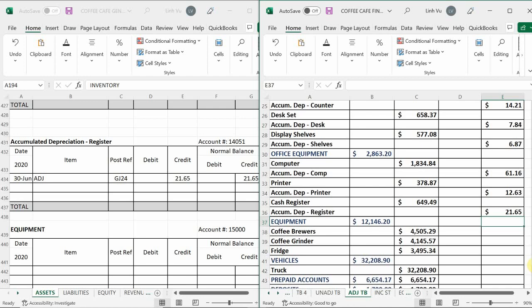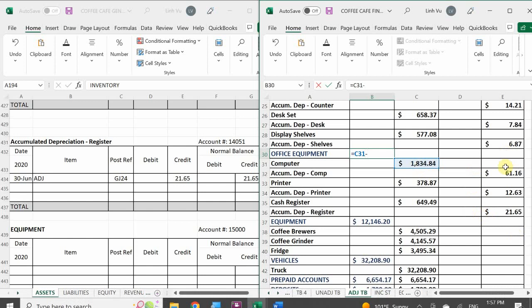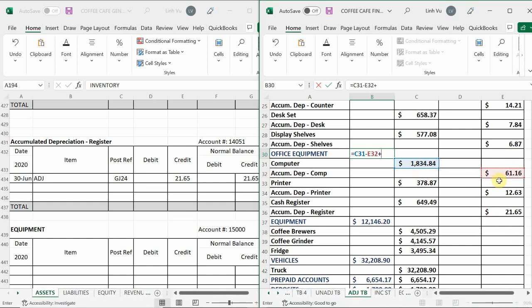Okay. So now, once again, I need to create a formula that includes my contra account. So right now I'm at $2,863.20. Okay. So once again, I gotta go through this again. So I add my item, and then I subtract the depreciation.